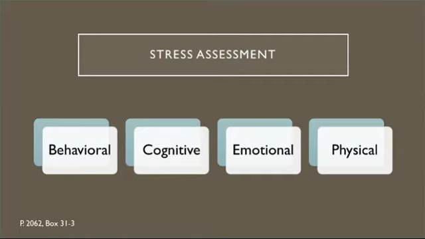So samples here of your behavioral stress assessment: always doing too much, argumentative, grinds teeth, loud, pacing, talks too fast, withdrawn. These are behavioral signs. Your cognitive signs: ambivalence, can't make up their mind, fear of the unknown, forgetful, lack of initiative, lack of sense of humor, short attention span, trouble thinking, want to run away, worrying.